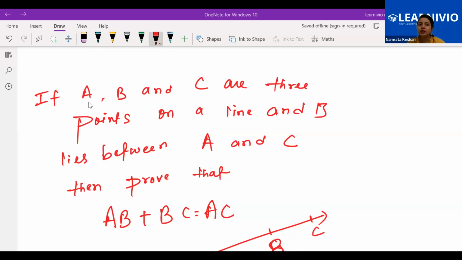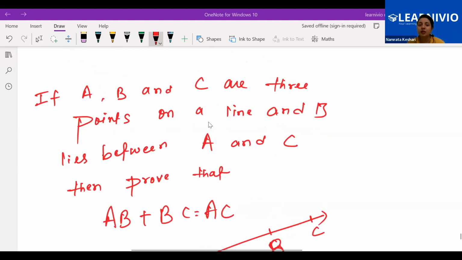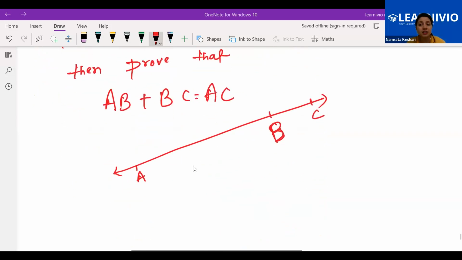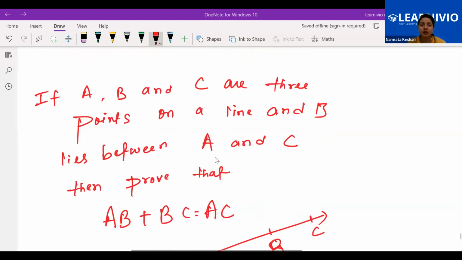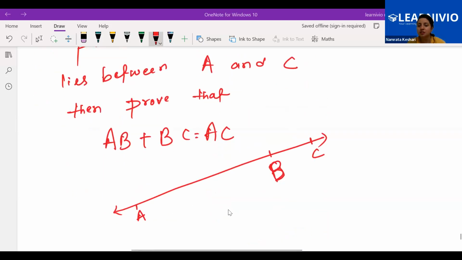Let's see how axiom 4 is going to help us. So if A, B, C are 3 points on a line and B lies between A and C, between doesn't mean exactly in between, anywhere between A and C, then prove that AB plus BC is equal to AC. This is so obvious.